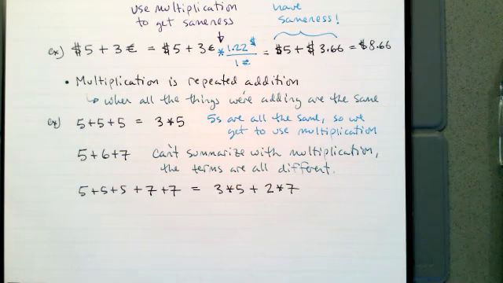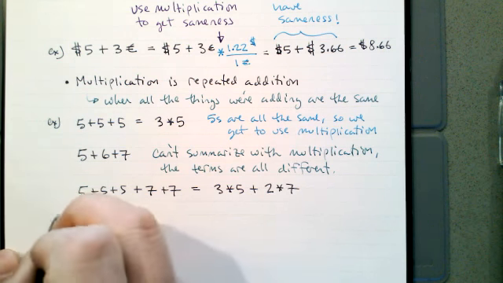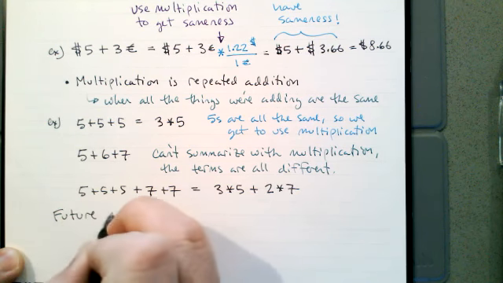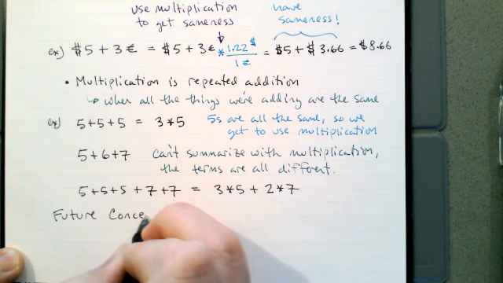What about subtraction and division? What about exponents? And also, how do multiplication and addition interact with each other? So those are concerns for the future. So you can guess what we're going to be talking about on Monday in the future concerns section.